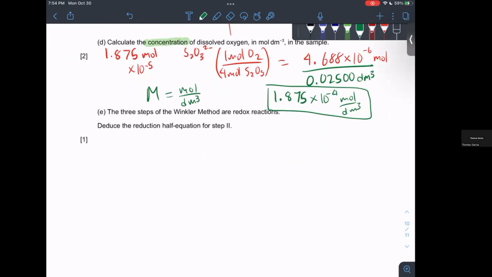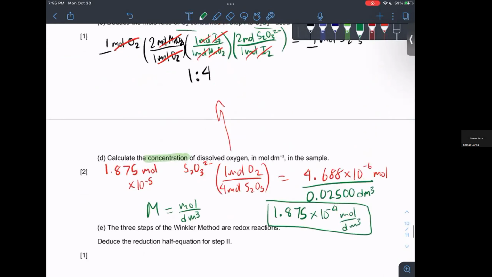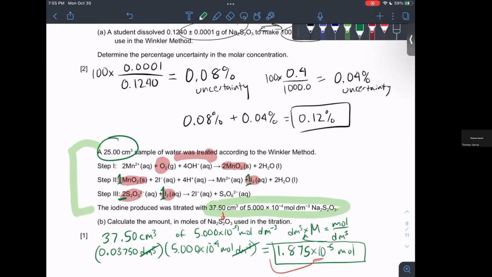Lastly, E, the 3 steps of the Winkler method are redox reactions. Deduce the reduction half equation for step 2. Step 2. We've seen this before. We have manganese and iodine. We are looking for the reduction half reaction. Manganese here, once again, for the 15th time, is going to be a +4, and it goes to a 2+.